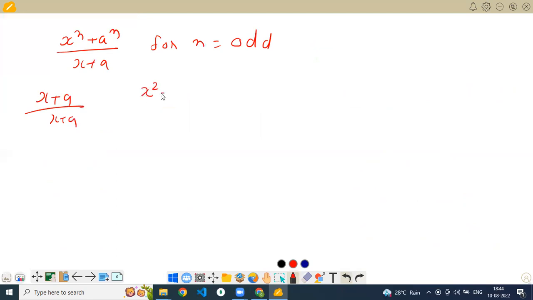But x squared plus a squared is not divisible by x plus a. And if you go further, x cubed plus a cubed is divisible by x plus a. And so we say it is divisible by x plus a only for n which is odd.